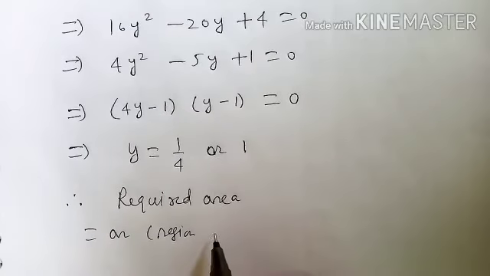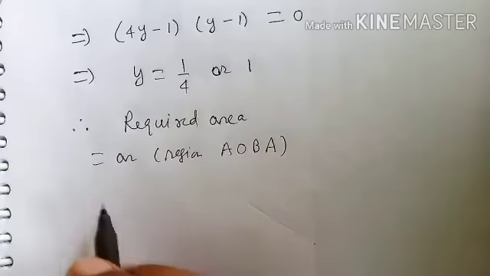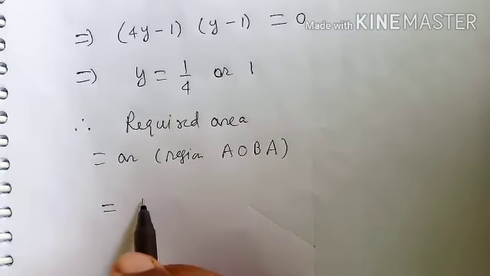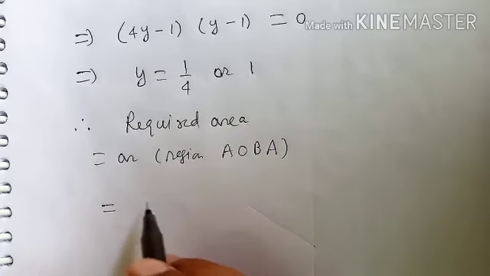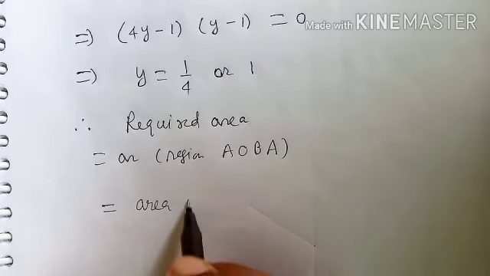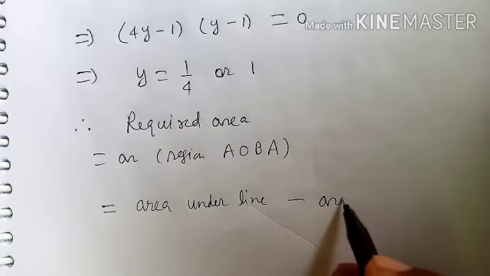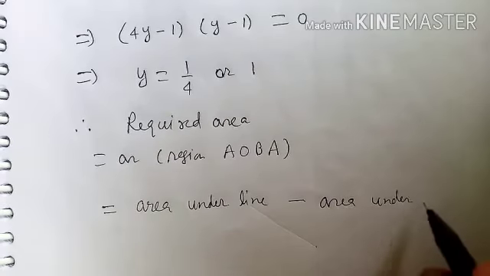Area of region AOBA is equal to the area under the line minus the area under the parabola.